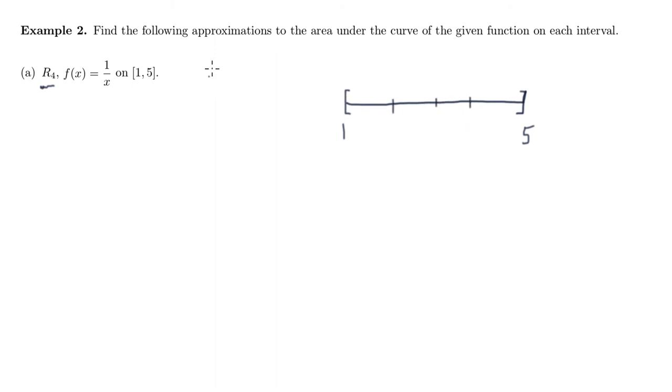And if we look at the width that the base of each rectangle should be, it should be 5 minus 1 over 4. But that's just 1. Okay, so this is really 2, and this is 3, and that's 4. So here we've partitioned the interval 1 to 5 into 4 equally spaced subintervals. And then we want to get our rectangles, so our function 1 over x kind of goes down like that.